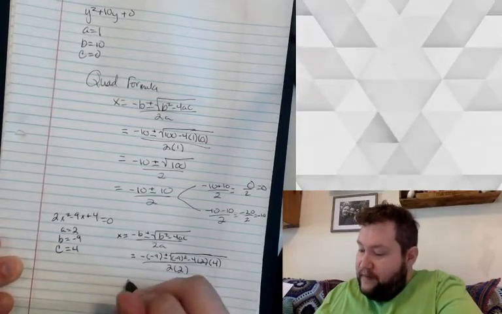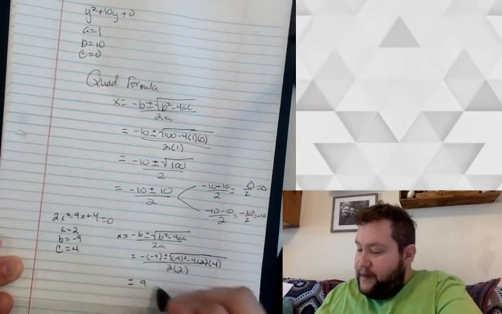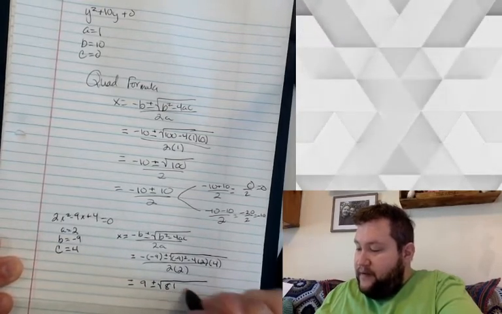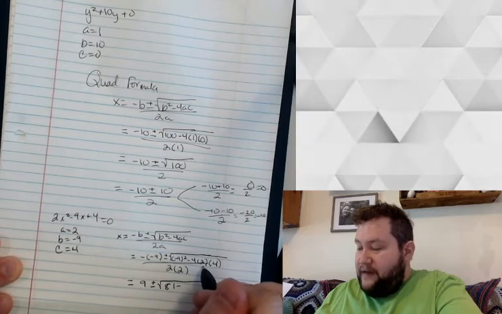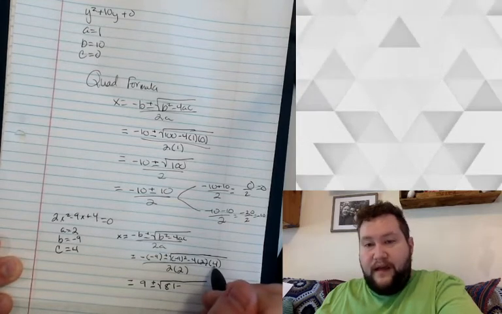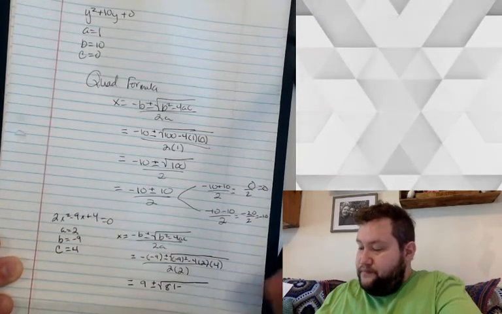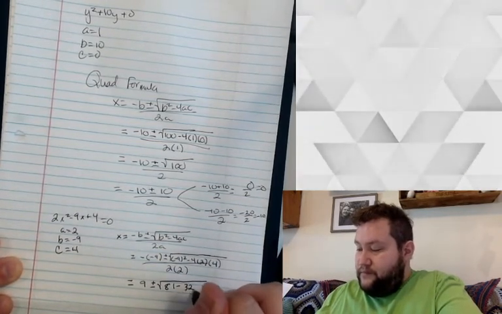So that is 9 plus or minus the square root of 81 minus 4 times 2 is 8, times 4 is 32, over 4.